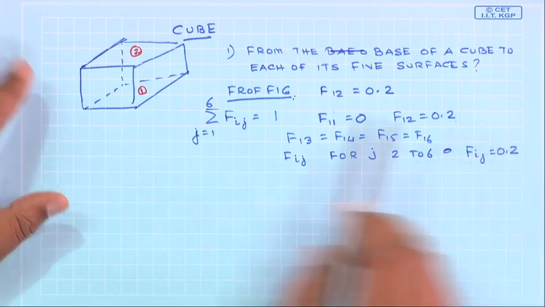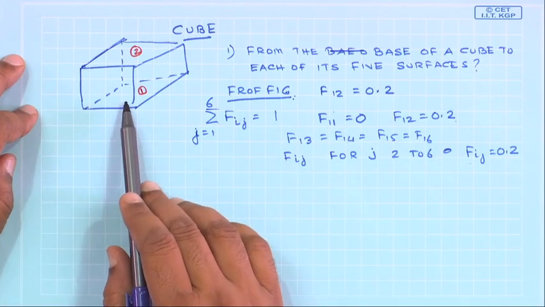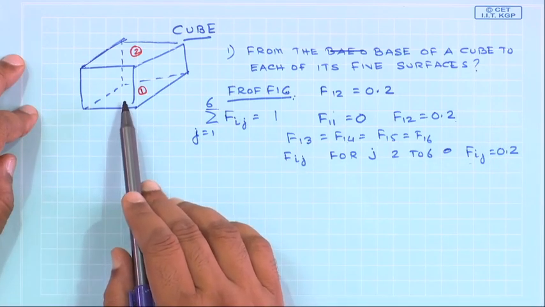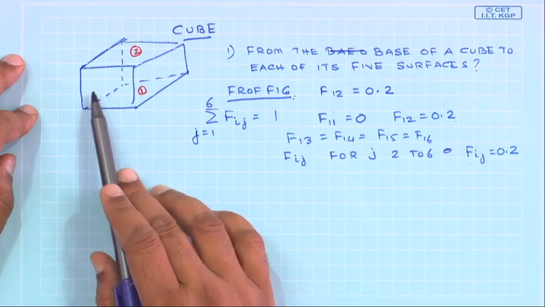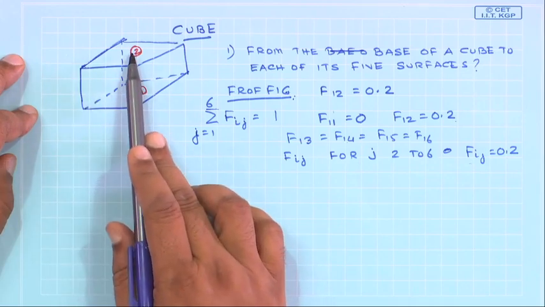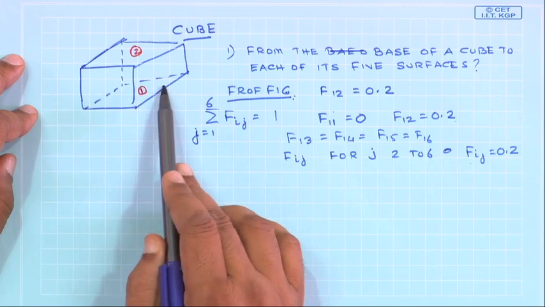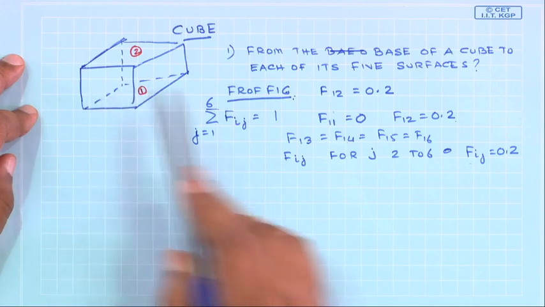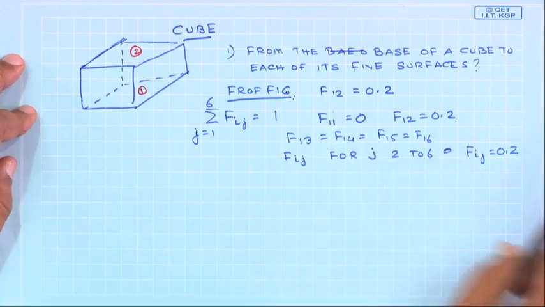So, all view factors from 1 except to itself would be equal to 0.2. So, F12 is 0.2, and 13, 14, 15 and 16 all are going to be equal to 0.2.